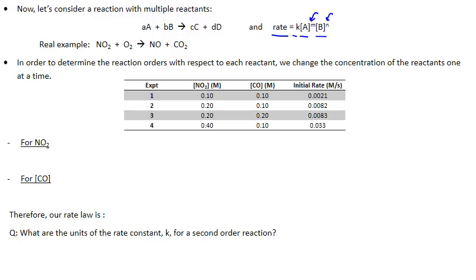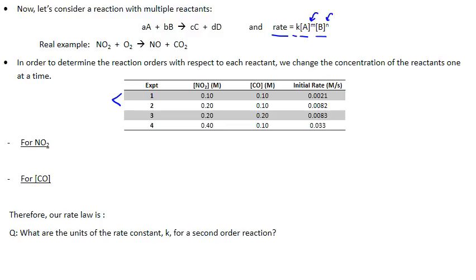Okay? So for example, if we're talking about NO2, if I look at experiments 1 and 2, right? For the first experiment, I had a concentration of 0.1 molar. For the second, a concentration of 0.2 molar. So the concentration of NO2 was doubled.